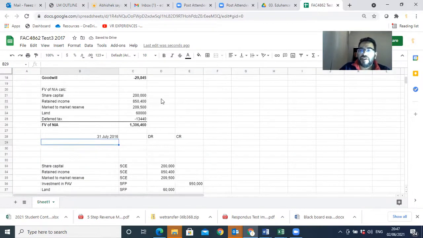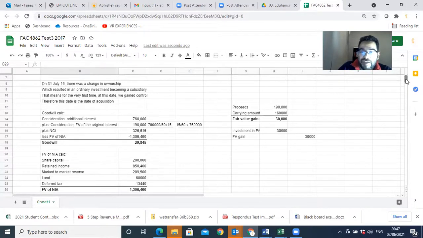Because in the separate books of ICE, they would just have whatever they have, 160 plus that 760, because they are not required to do this adjustment. This adjustment is only required from a group perspective.